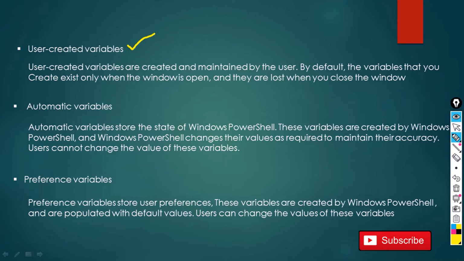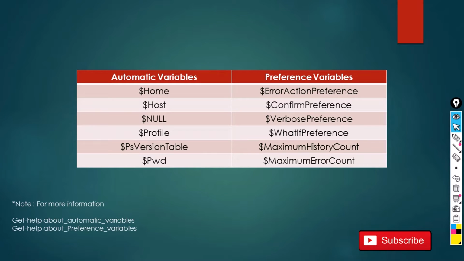So these are dynamic, which means they differ from user to user, on whatever basis they create those variables. But automatic variables and preference variables are standard. Here you cannot change the values, but here you can change the values, but the variable name itself will remain the same. So let's go ahead and see some of the automatic variables and preference variables.